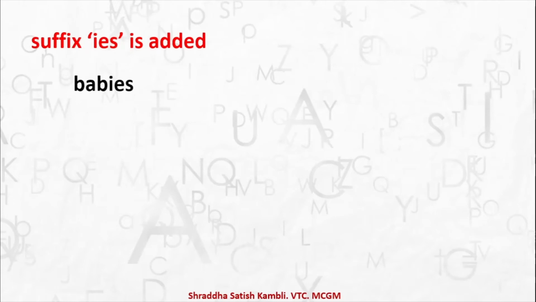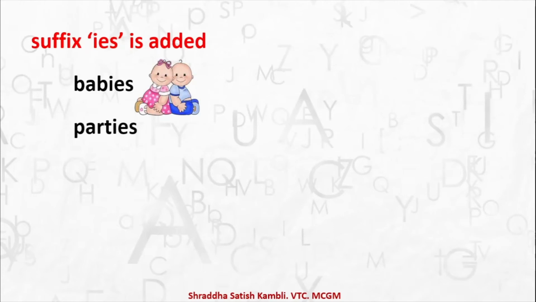Sometimes the suffix which is added to make a plural could also be ies. Let us look at the examples. So you have baby, B-A-B-Y, becoming B-A-B-I-E-S, babies. L-A-D-Y, lady, or P-A-R-T-Y, party, becoming P-A-R-T-I-E-S, parties.